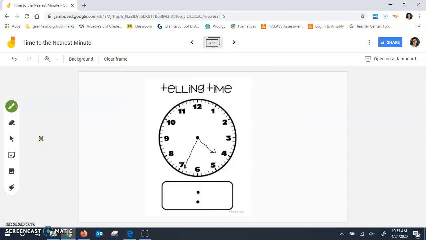Once again, my clock hands are a different color, but you always know that your hour hand is the smaller one and your minute hand is the longer one. Hour small, minute long. So we are in between the 4 and the 5. Always go with the smaller number, 4 in this case. Counting by fives, 5, 10, 15, 20, 25, 30.